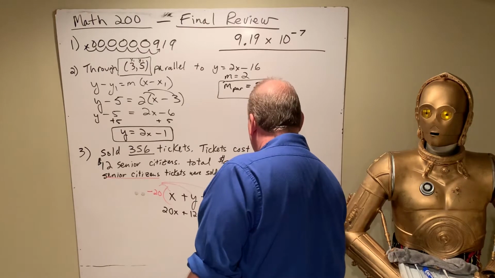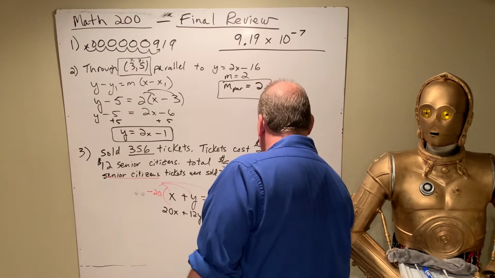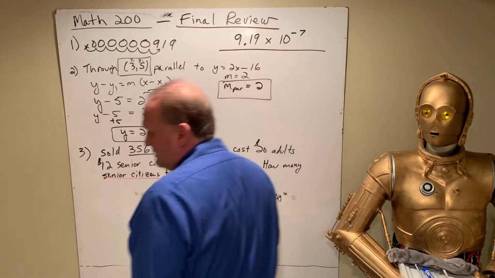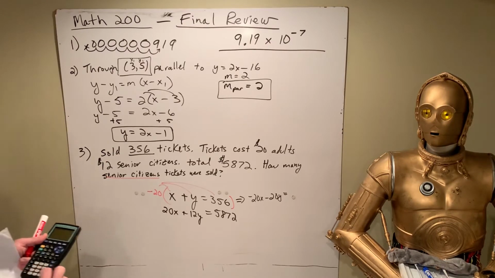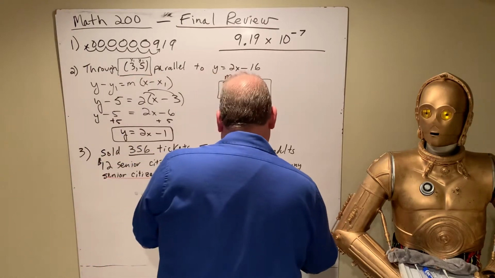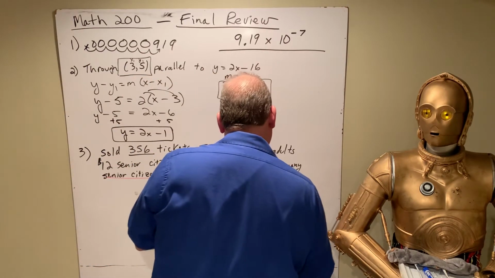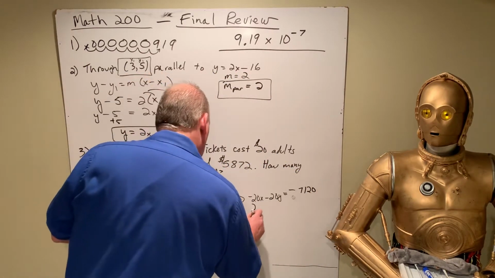We get negative 20x minus 20y equals, I need a little calculator help for that one. 356 times negative 20 is negative 7120.